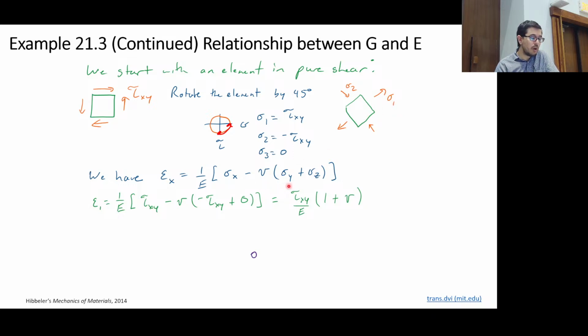So sigma y is going to be this, minus sigma 2, and sigma z is 0. So now, when I plug these things in, I have epsilon 1, which is the principal strain, so that's going to be in this direction, equal to 1 over E times tau xy, times this quantity.